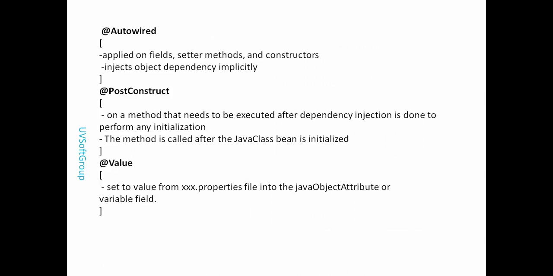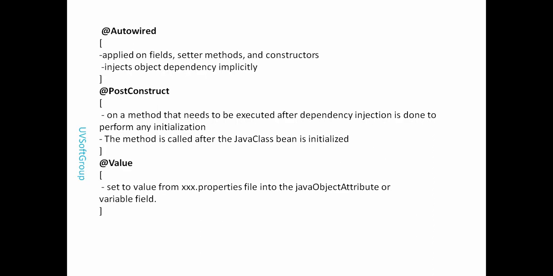So Autowired is in general applied on the fields, setter methods or constructor, to inject object dependency implicitly. PostConstruct on the method needs to execute after dependency injection is done, to perform any initializations.